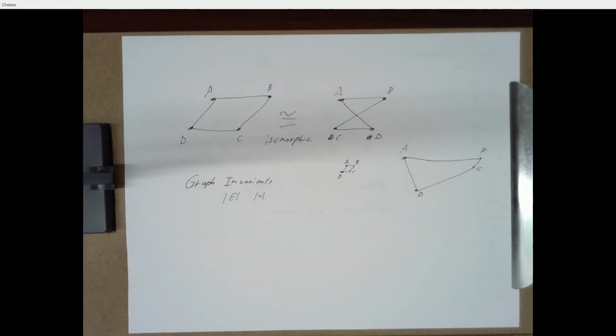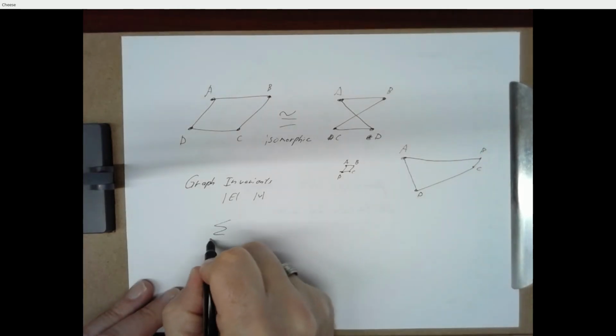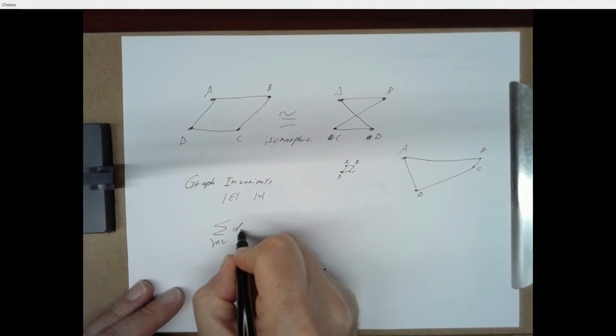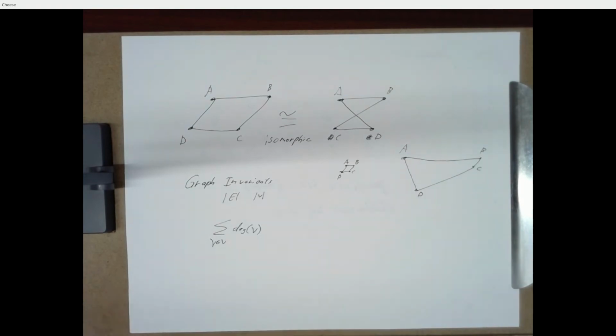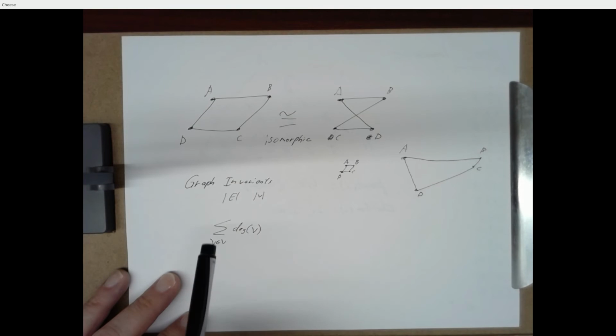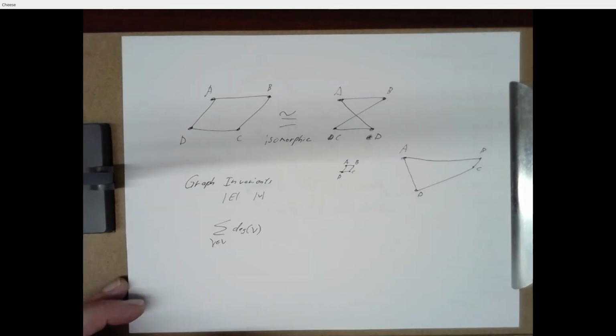And if those are invariants, remember if we add up the degrees of each vertex, we should get twice the number of edges. So the sum of these degrees should also be an invariant. But more than that, the set of degrees across all the vertices should also be invariant.